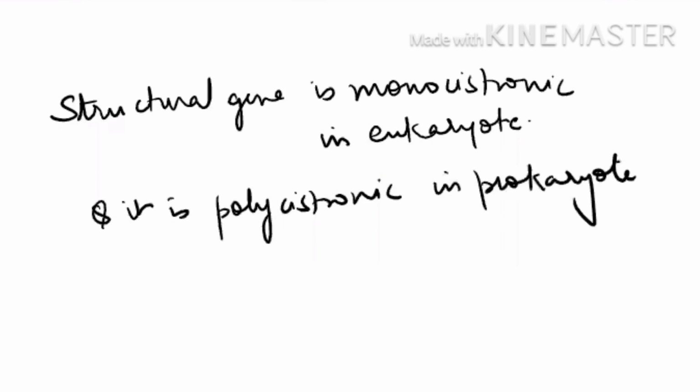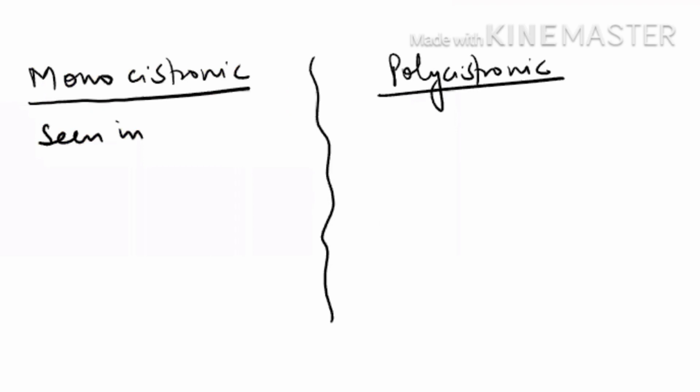Here I will try to give one learning tip. See here, P for prokaryote and P for polycistronic. So you should remember that prokaryotes are polycistronic and eukaryotes are monocistronic. Monocistronic structural gene, which is seen in eukaryote, will produce only one type of polypeptide.